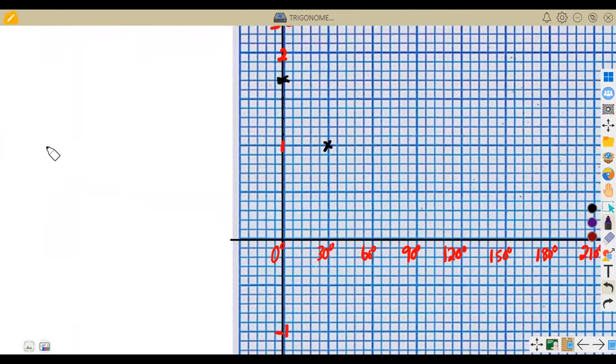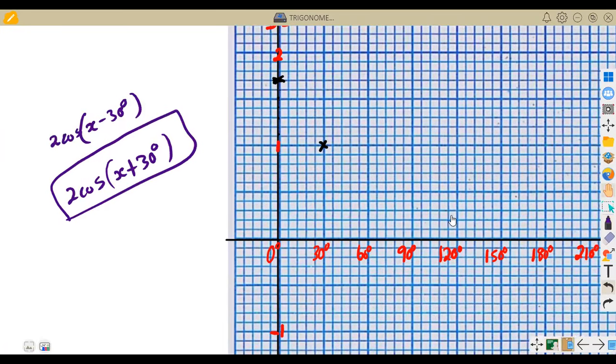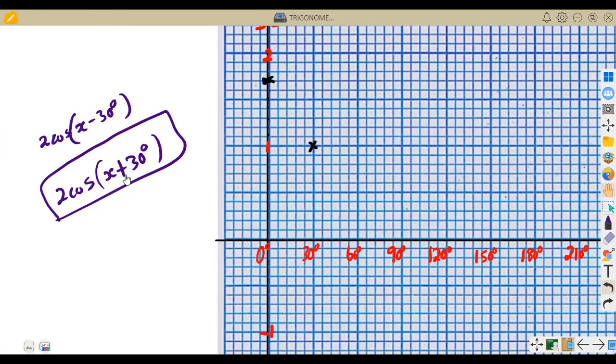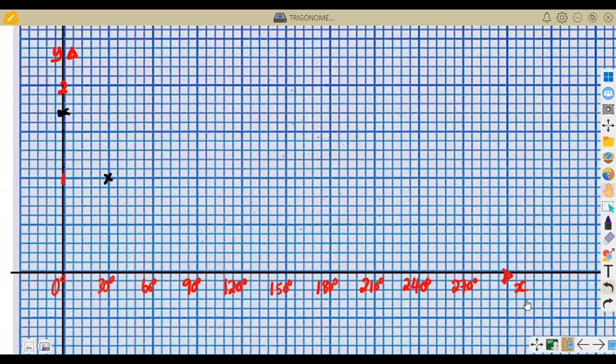They used the graph of 2 cos of x minus 30 instead of 2 cos x plus 30, so you might wonder why what we are doing now does not correspond to those values. That was actually wrong. If you use your calculator properly, you see that those values do not even correspond. All right, so anyways, let us finish up.